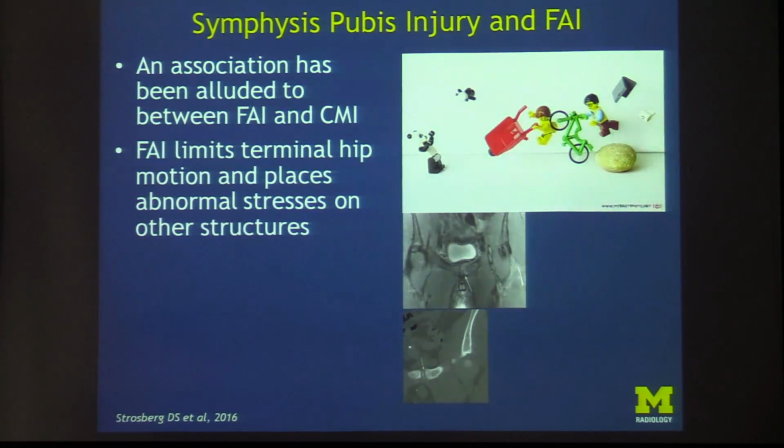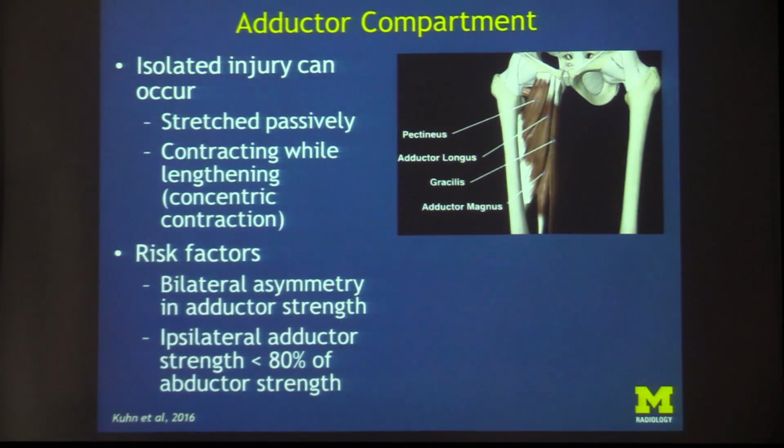And again, we're talking about the kinematic change, that concept of a joint abnormality impacting more remote structures. Having said that, you can have isolated medial compartment injury, adductor injury, without a symphysis pubis pathology. And this involves the adductor muscles or tendons, often when they're stressed passively or when they contract while lengthening.